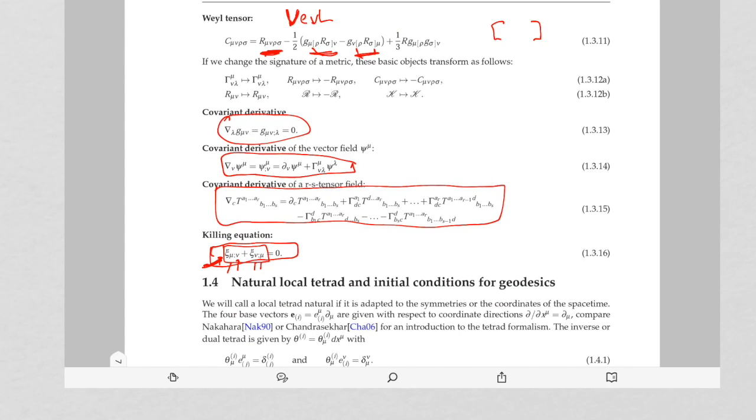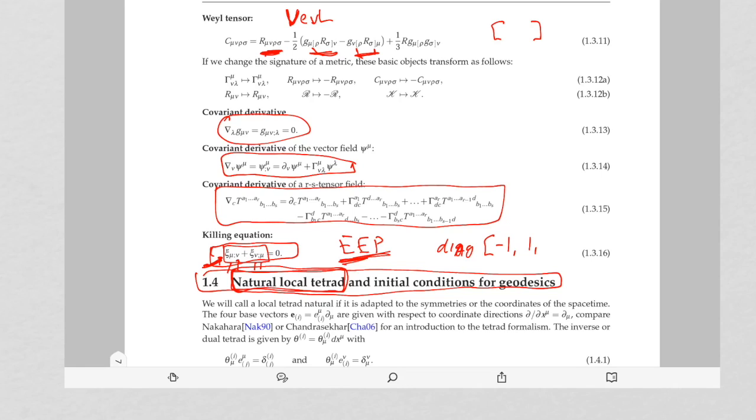And then, let's see, section 1.4, local tetrad and initial conditions for geodesic. The natural local tetrad, that has to do with our Einstein equivalence principle. And that's finding a frame of reference where the metric at that point is our famous and ever useful Lorentz flat space metric.